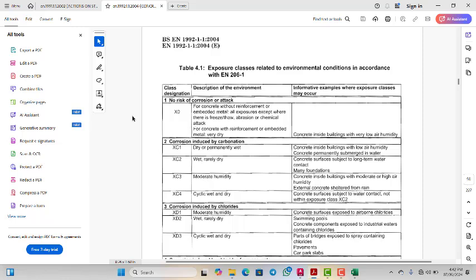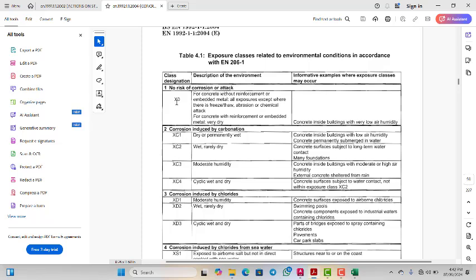So here you now have the class designation, the description of the environment, and informative examples where exposure classes may occur. So for number 1, no risk of corrosion or attack. The description of this environment is: for concrete without reinforcement or embedded metal, all exposures except where there is freeze-thaw, abrasion, or chemical attack.